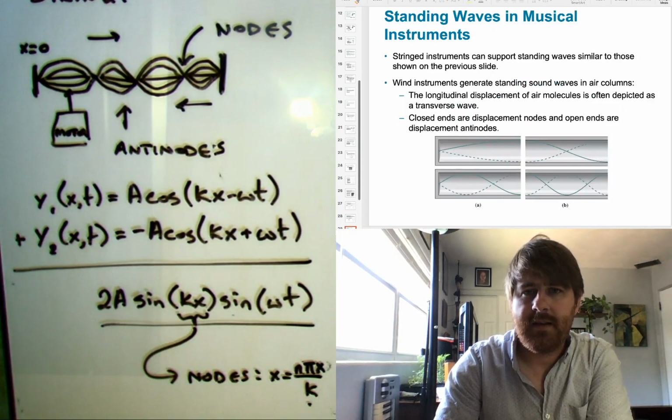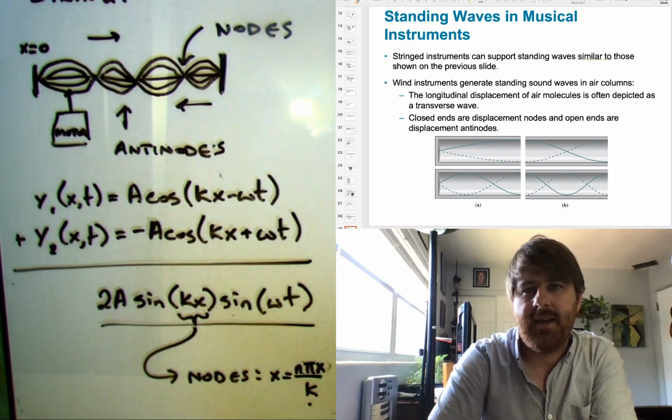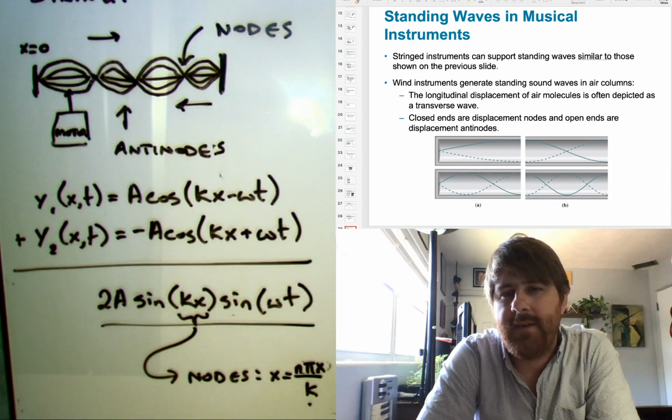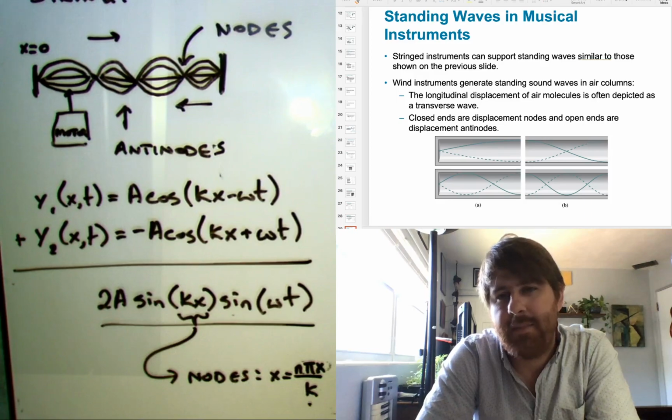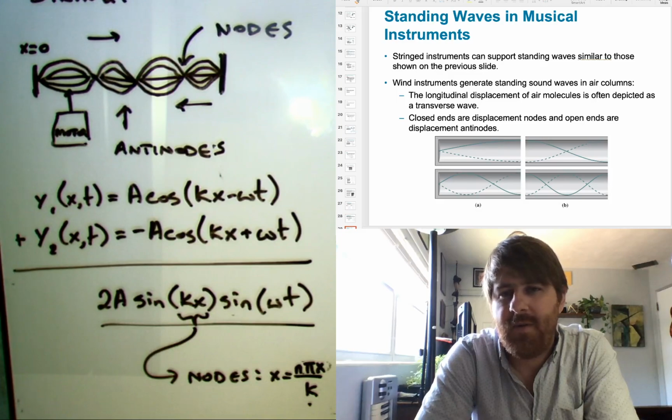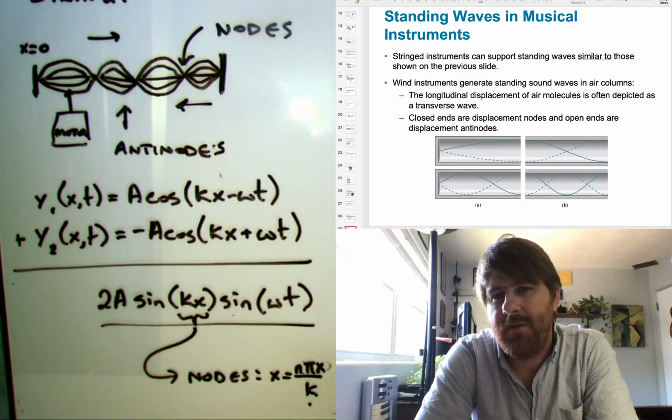All right. In musical instruments, in, for example, a column of air, we can have standing waves as well. If I have a tube, like a pipe organ tube, that is closed at one end, then that must be a minimum for the wave. Sound waves are longitudinal, and if there's a wall or a barrier, then the air can no longer move parallel to the direction of propagation.